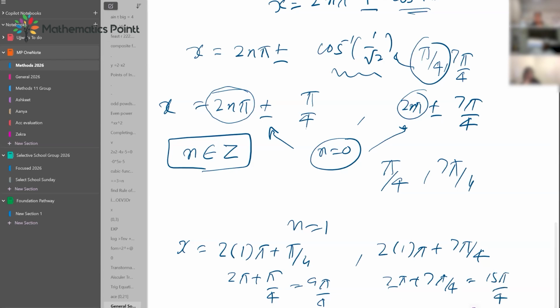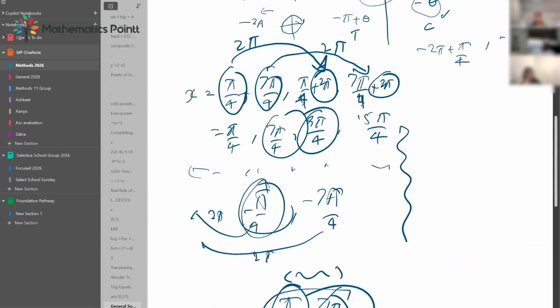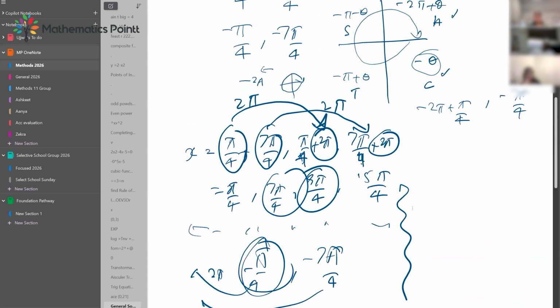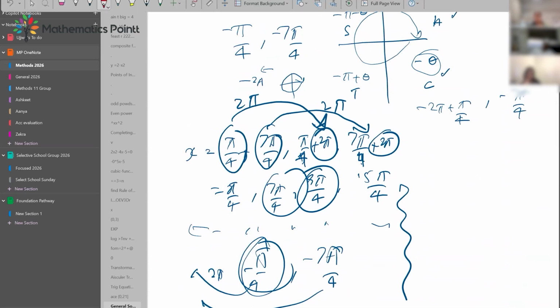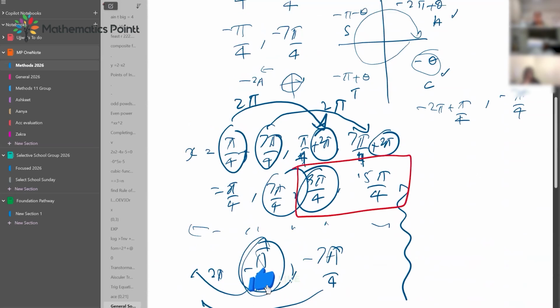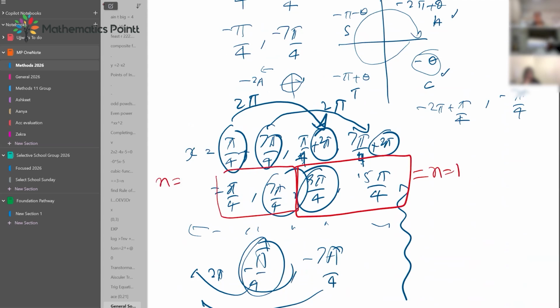And look at what we got here. That's precisely what I got. This pair was n equals 1. This pair was n equals 0.